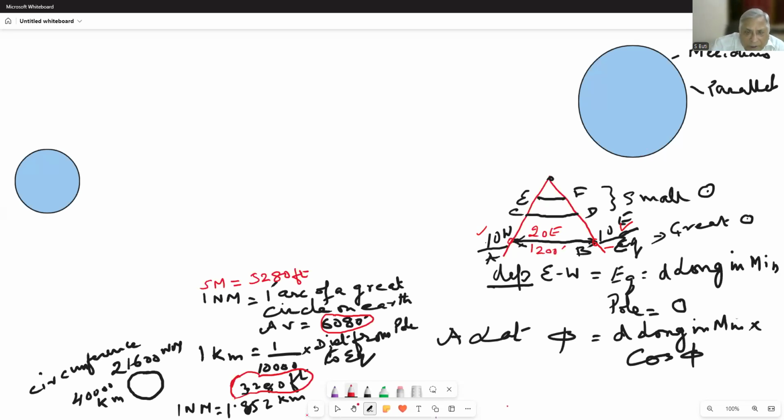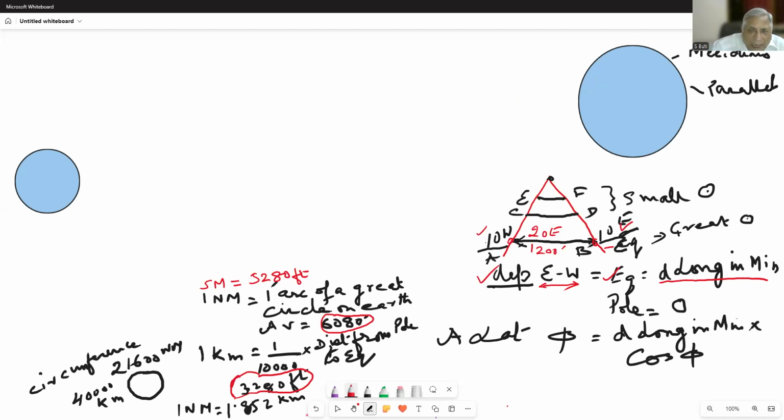At equator, since equator is a great circle, dlong in minutes will give you the distance in nautical miles. East-west distance in navigation is also called departure. Departure is distance measured east-west, that means on the same parallel of latitude.